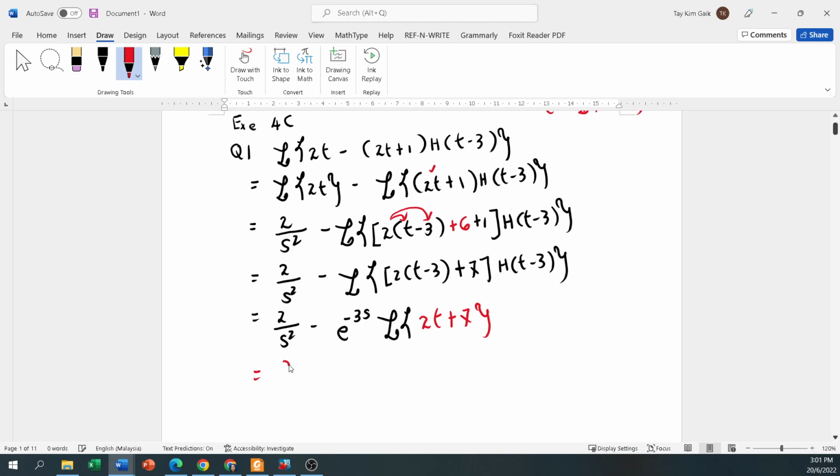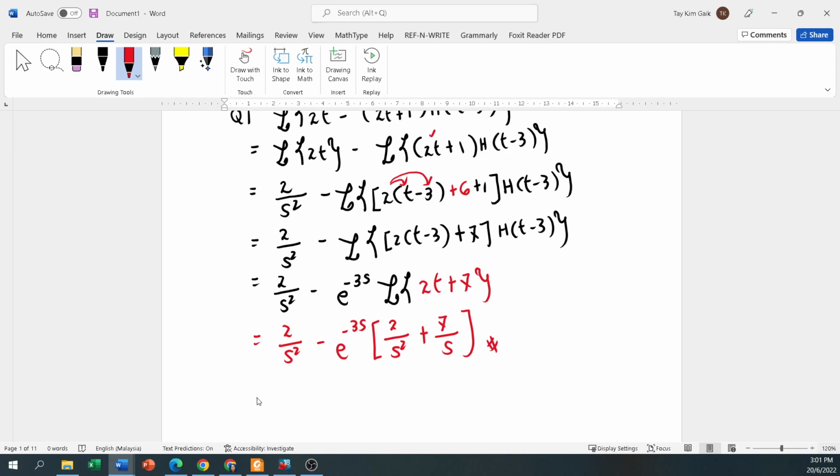And then 2 over s squared, copy down. So e to the power negative 3s, the Laplace transform for 2t, similar to the first term, is 2 over s squared. The Laplace transform for 7 is 7 over s. So you may put it this way, or you may collect everything in terms of s squared.